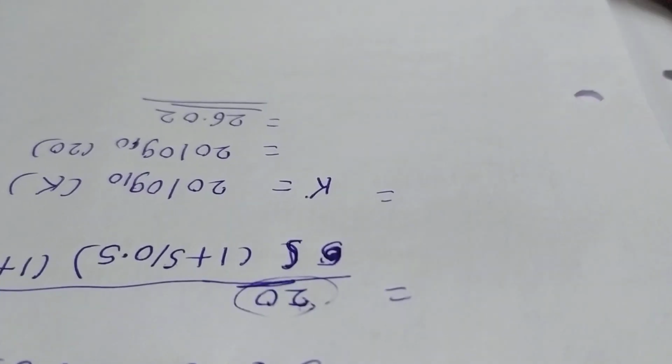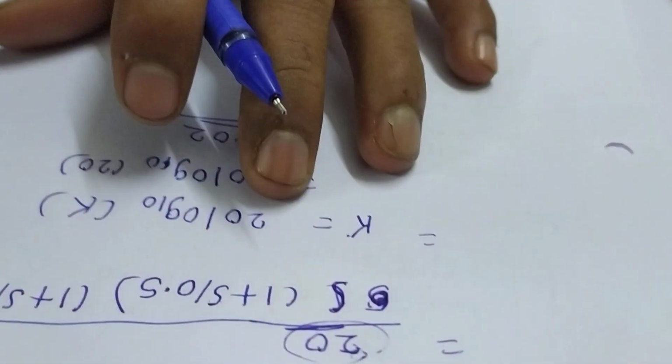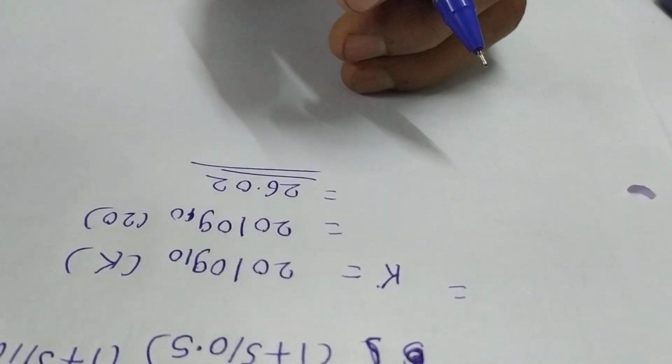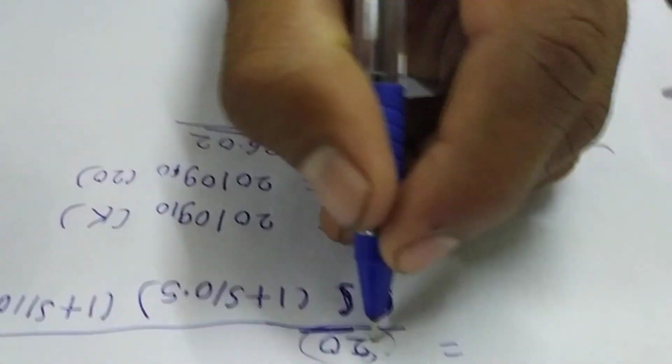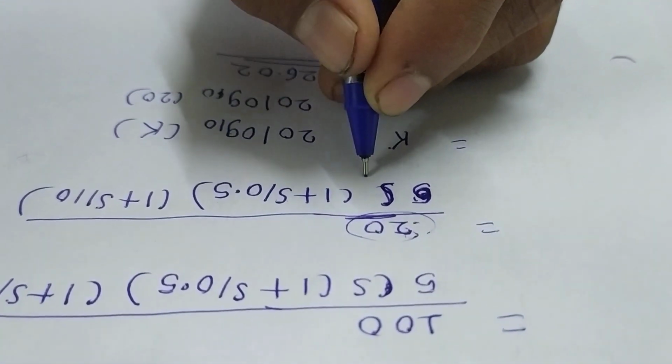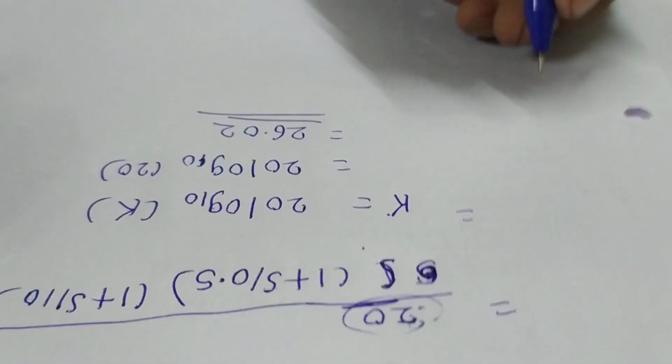So first, it is in the time domain. Now we have to convert it. We are getting the standard equation in the time domain, so we have to convert it into the frequency domain. For the frequency domain, we replace S by j omega.